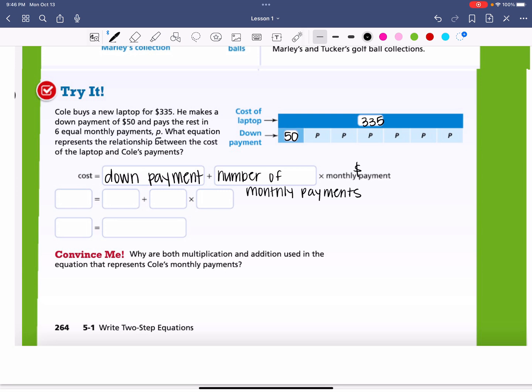So, 335 equals his $50 down plus 6 payments times P. And we don't know what P is, but we could figure it out. So we'd write that, and it would actually look like 335 equals 50 plus 6 times P, or 6 times P plus 50.